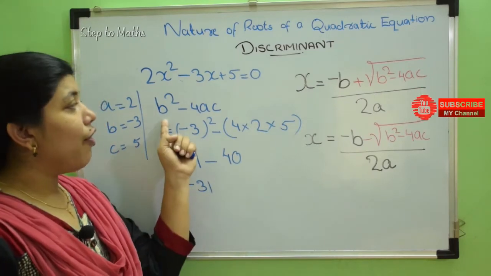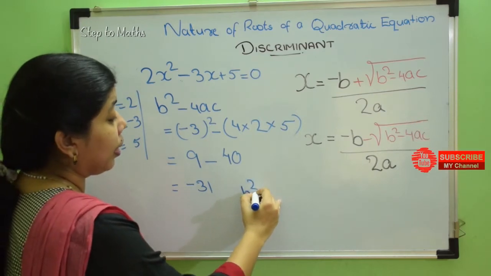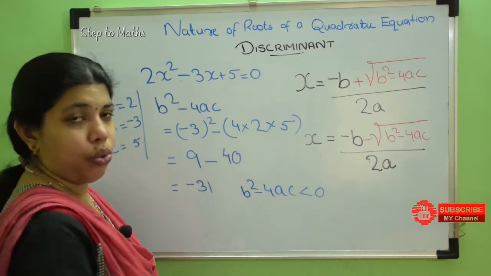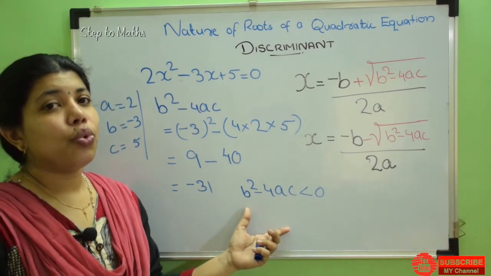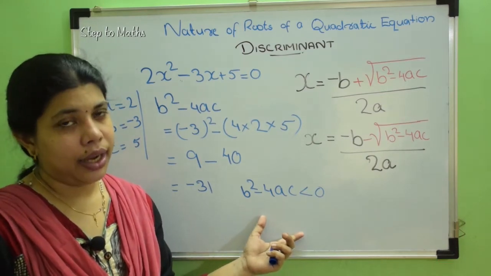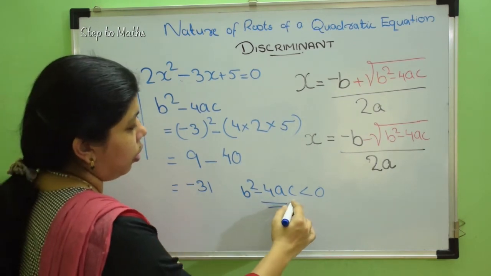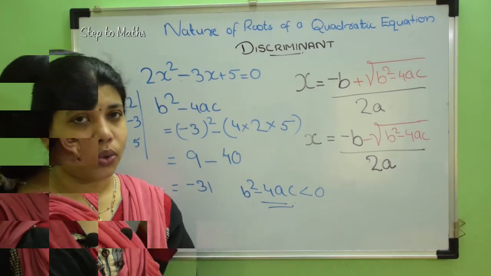That means the value of b² - 4ac is less than 0. Less than 0 means the roots are not real. Our question is, if the roots are real, then only find out the roots.